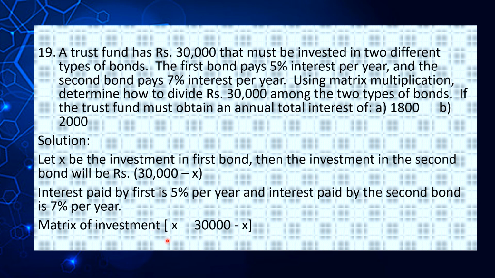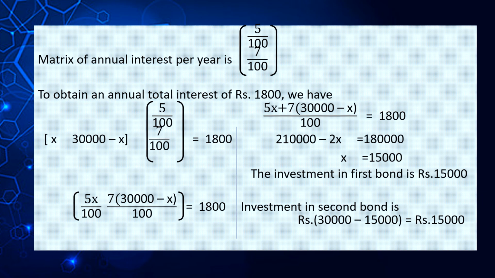This is the matrix for investment, that means we are writing the amount we are investing. This is for the first part and this would be for the second part. The matrix of annual interest per year is 5 by 100, 7 by 100.